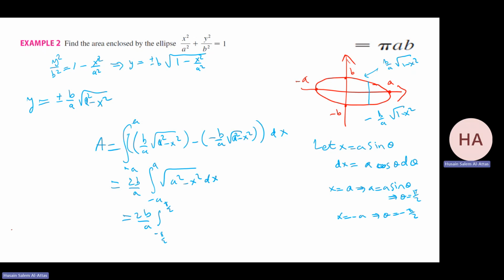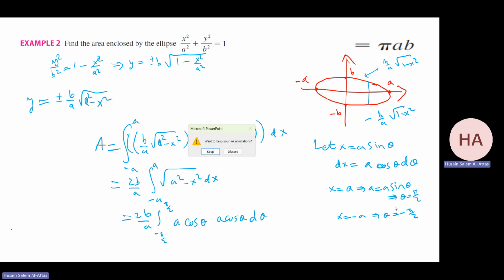The square root will be a square minus a square sine square theta, which is a square times 1 minus sine square, a square cosine square. That will be a cosine theta, times dx, which is a cosine theta d theta.